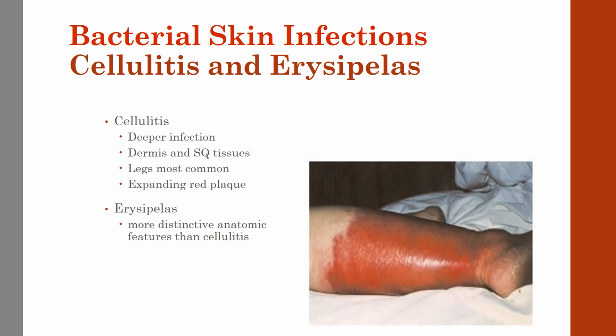But the correct way, if you see a very distinct border, it's erysipelas, and cellulitis will be vague. And this is probably, again, erysipelas and not cellulitis because the border is very distinct.